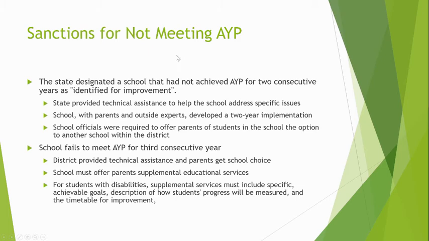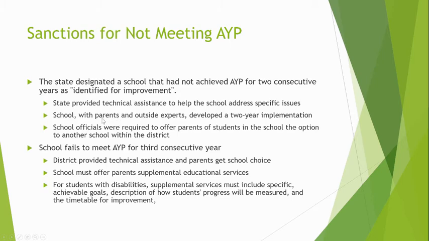So, thinking about sanctions for not meeting AYP. If a school did not achieve adequate yearly progress for 2 years in a row, then they were identified as needing improvement. The state provided technical assistance to help the school address specific issues.